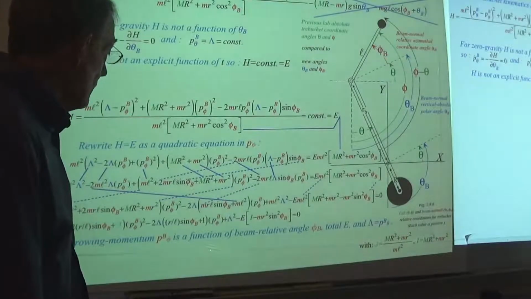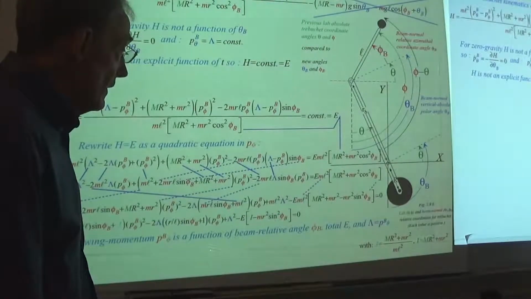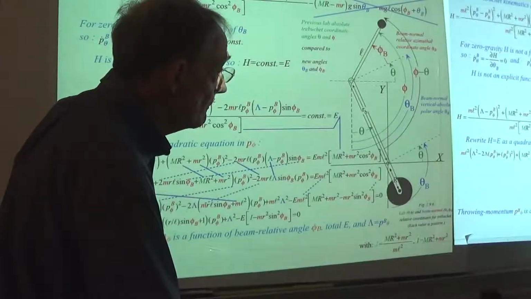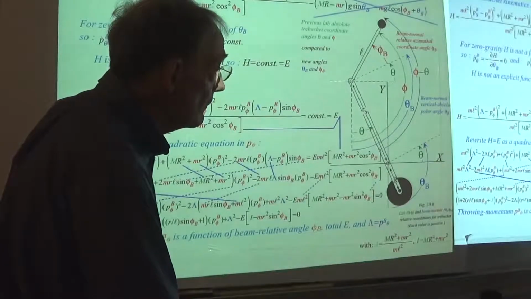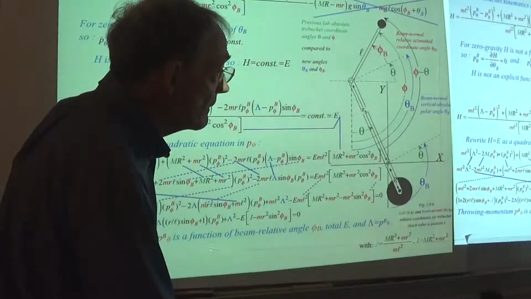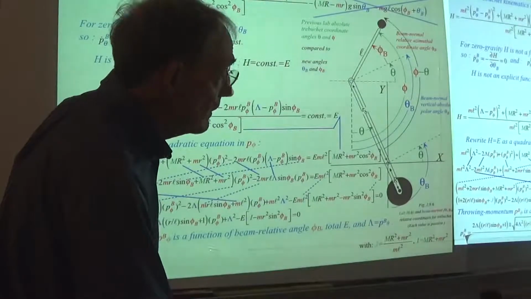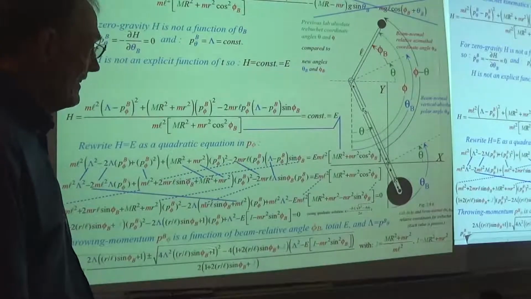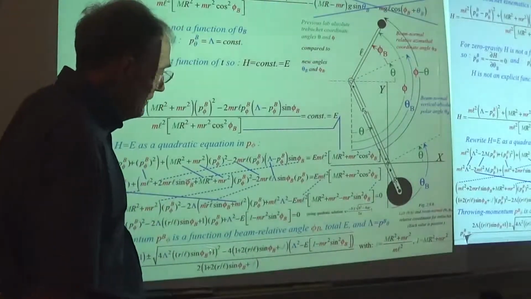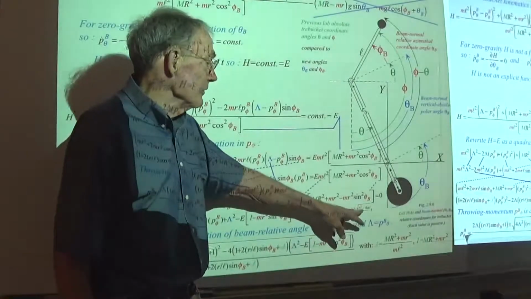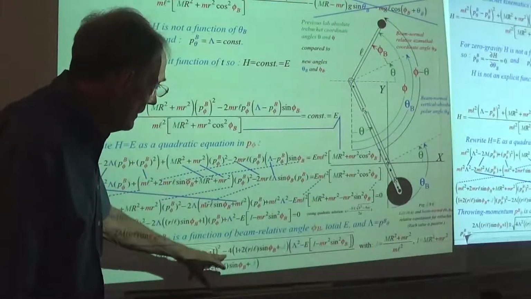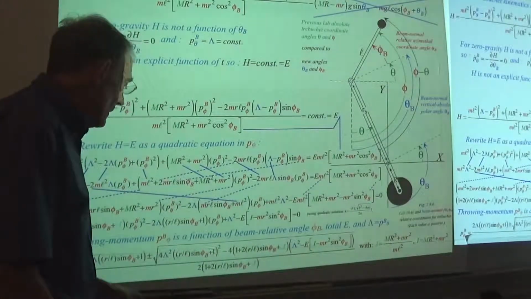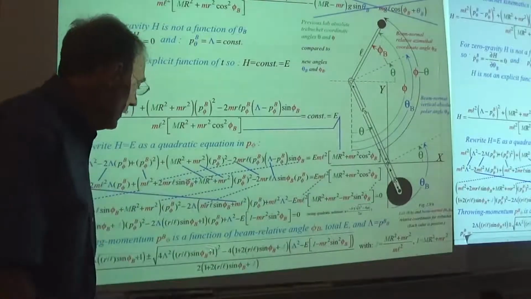Okay. So, let's see if we got anything here that needs to be said. I'm going to keep this thing going at the same speed here. Okay, I think that's all there is. So, this is the answer. Basically, we've got a quadratic equation here, good old minus b plus or minus the square root of b squared minus 4ac, and then the whole thing divided by 2 times a.